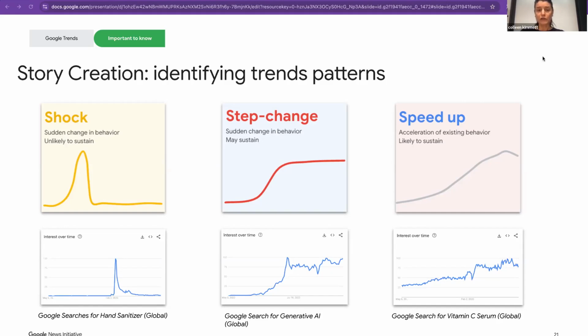A step change is a more sudden increase, but it doesn't go right back down, it sustains. The example on the bottom of the slide is Google searches for generative AI. And the final one, the speed up, is an acceleration of search interest that's a little more gradual in the increase, but it might continue to increase and sustain.